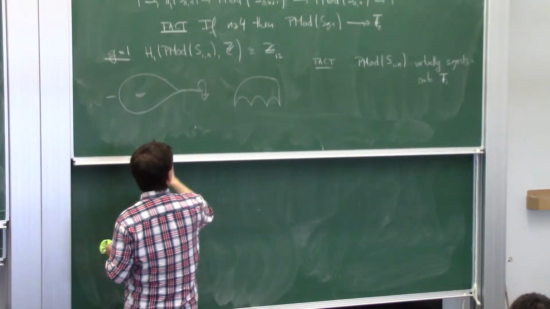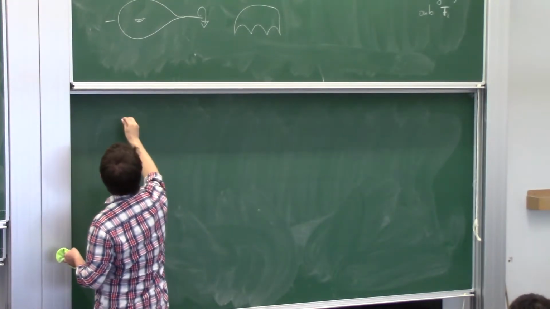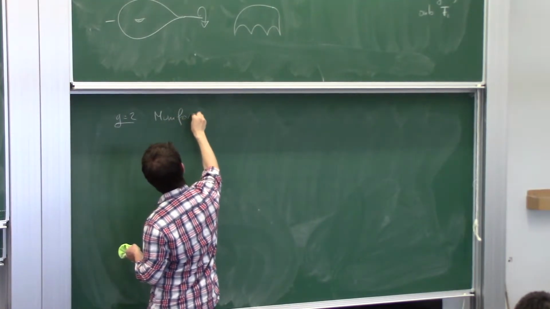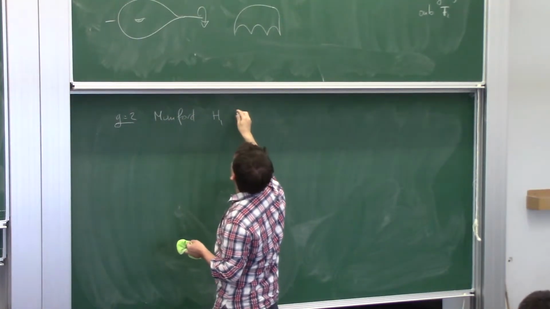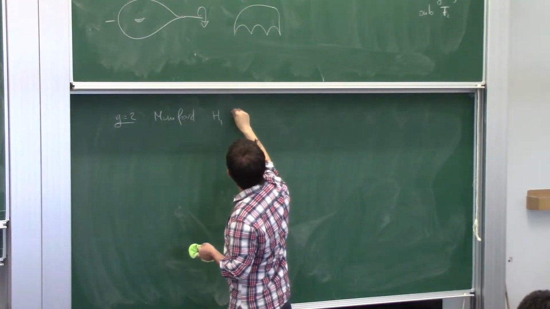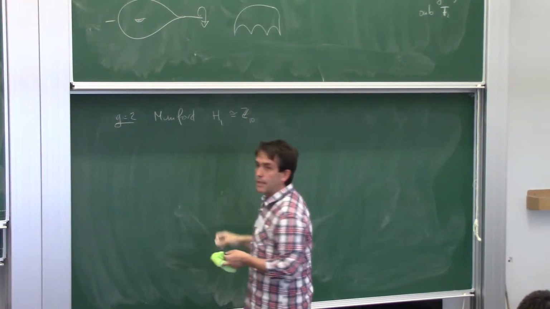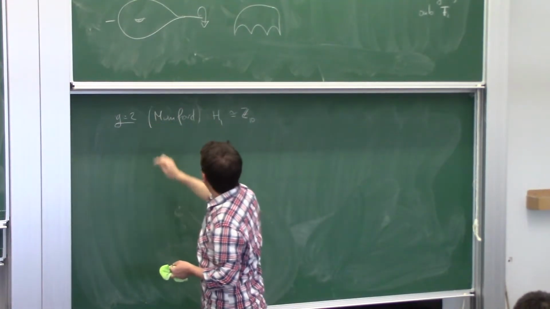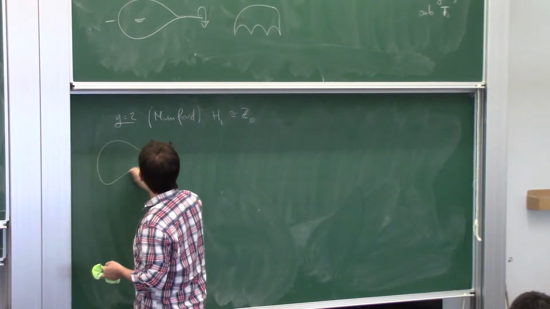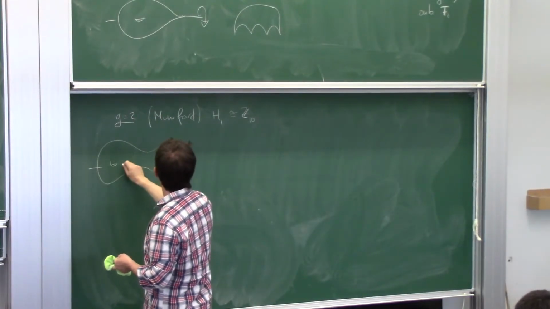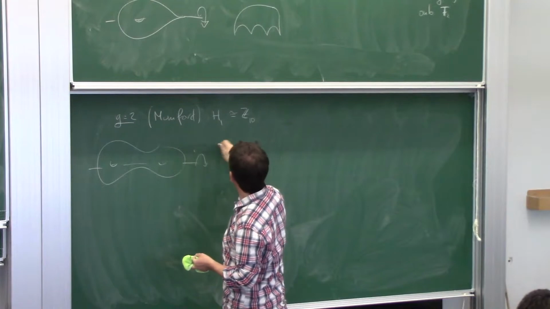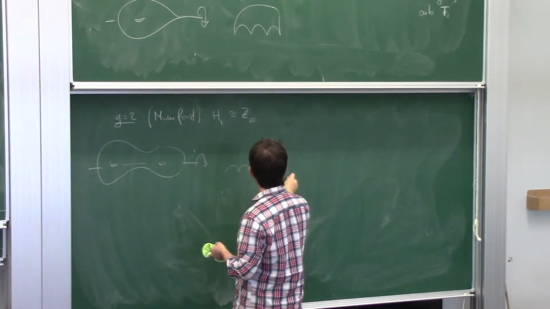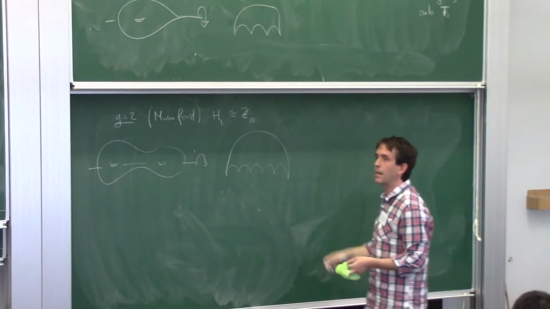And then if the genus is 2, then the same thing happens. I think it was Mumford who proved that H1 is Z mod 10. But then, same thing: there's this hyperelliptic involution, which is again central, and then the quotient is a 6-punctured sphere, and then the same thing happens.